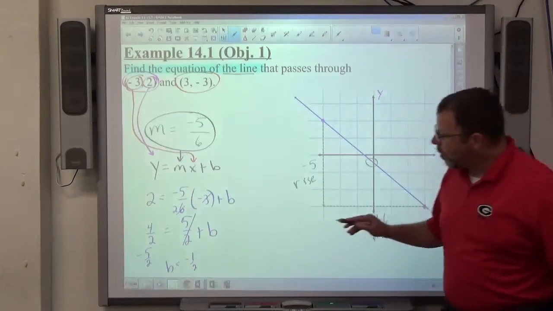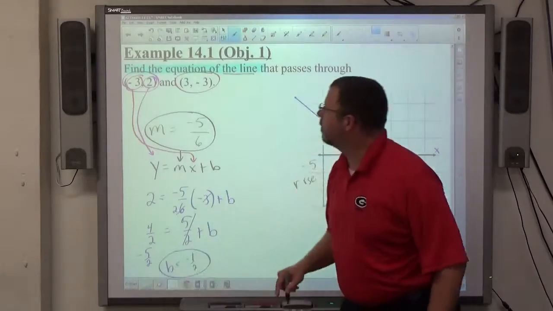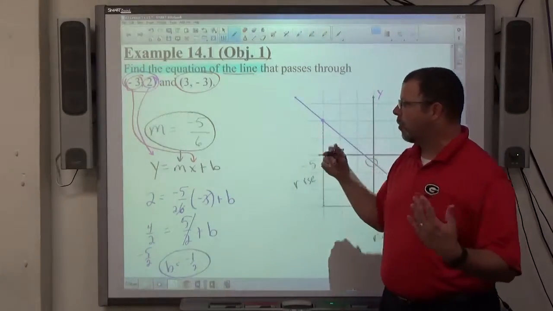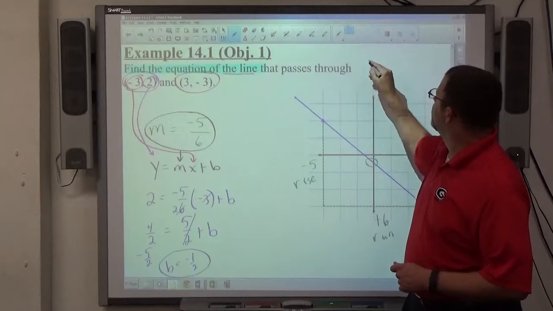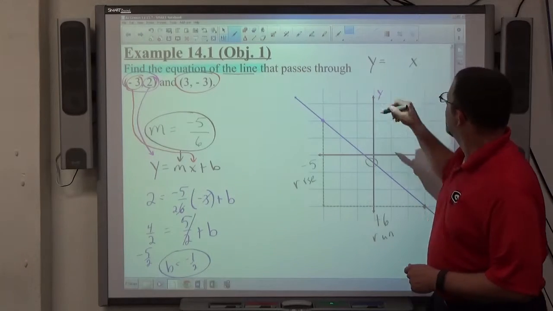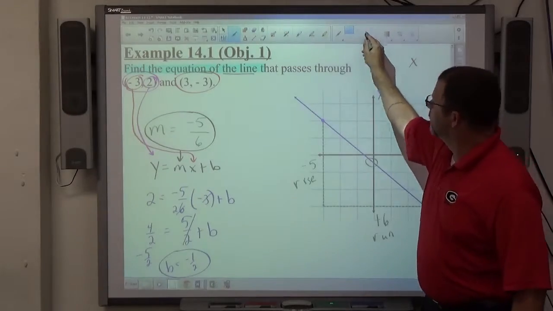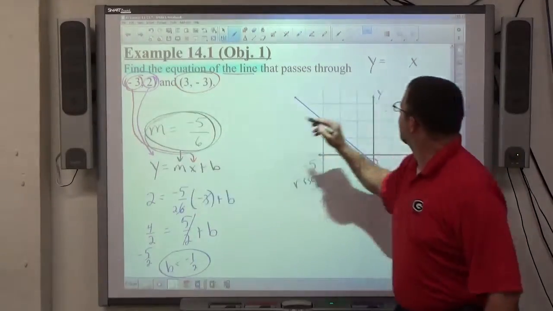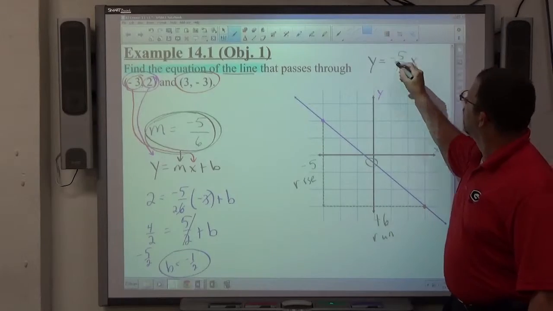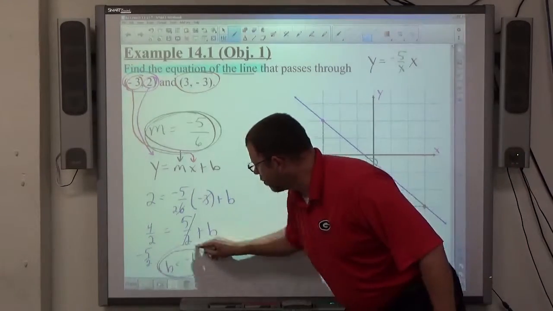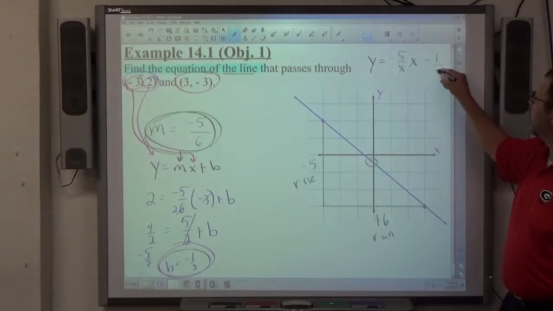So once I know what b equals, now its job is to find the equation of the line, to actually write the equation. When you write your equation, y and x are part of your answer. The slope goes in front of x, the y-intercept goes after x. It's minus a half, so it's going to be minus a half. 5 over 2, x.